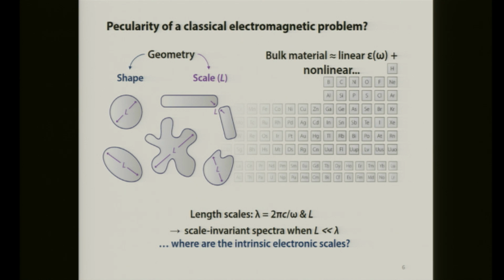But even in the retarded regime, once you specify the bulk materials or the surface conductivities, you can solve every quantity of interest. That's why the lack of intrinsic electronic length scales in those geometries causes this failure of the Maxwellian electromagnetic framework.